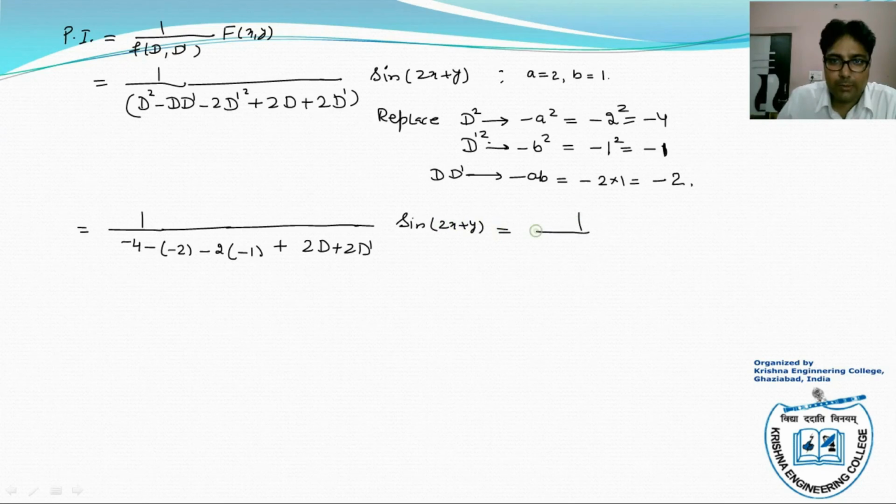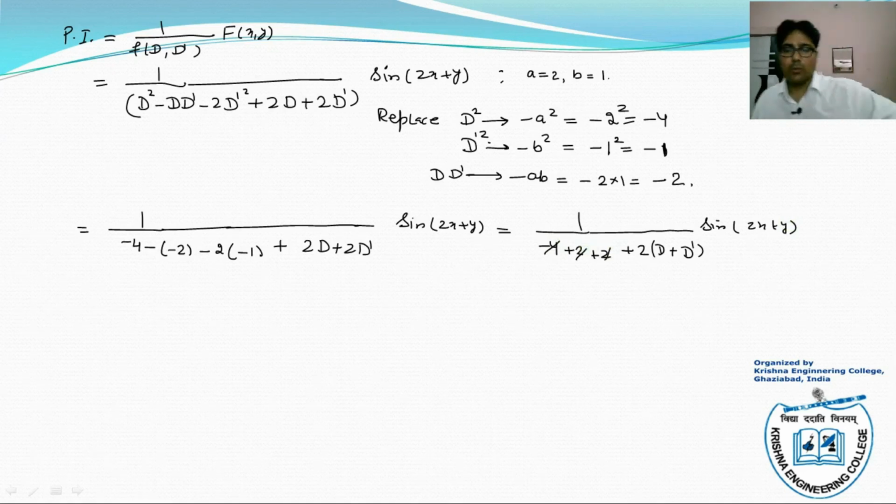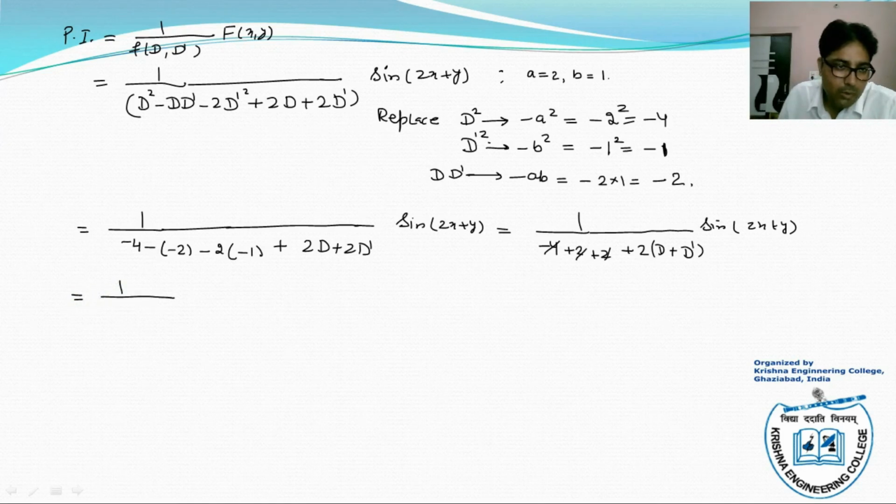So this becomes minus 4 plus 2, this is plus 2, and we get 2D plus D' of sin of 2x plus y. This cancels out. So we get 1 upon 2D plus D'.